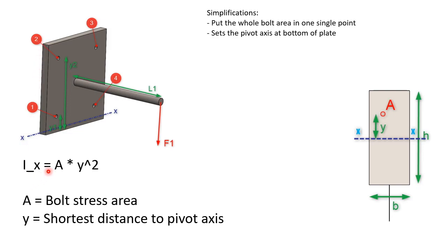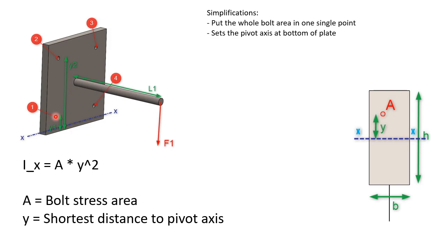I've made a few simplifications here. I will calculate with the bolts, but I will put the whole area of the bolt in one single point. That is not entirely correct, but it will be a very good estimation, and I don't think you will get a very big deviation in the result.